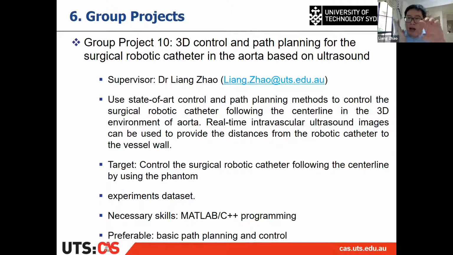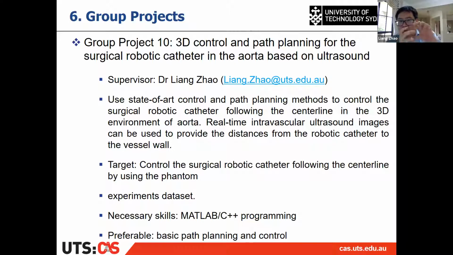And then I have a lot of ultrasound images from the IVUS, intravascular ultrasound, where the transducer is on the tip of the catheter, and it gives you a cross section of the vessel wall at some angles. And in the image, the center of the image is the center of the catheter tube.